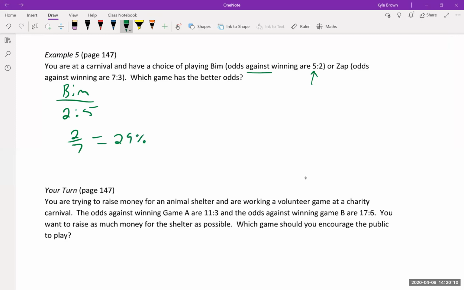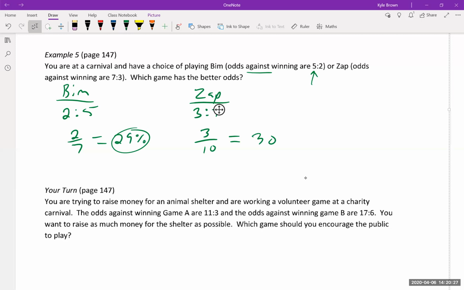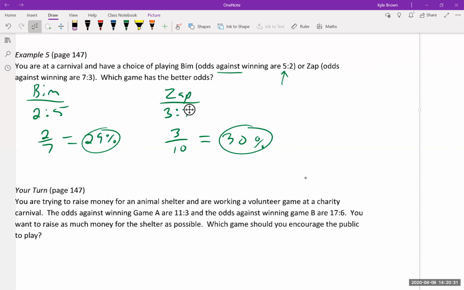So 29% chance for BIM. And then Zap would be 3 to 7 odds, which would make that 3 over 10 probability, which would make that 30% chance of winning, right? We changed this to winning. So which one's better? Zap. Zap is better probability.